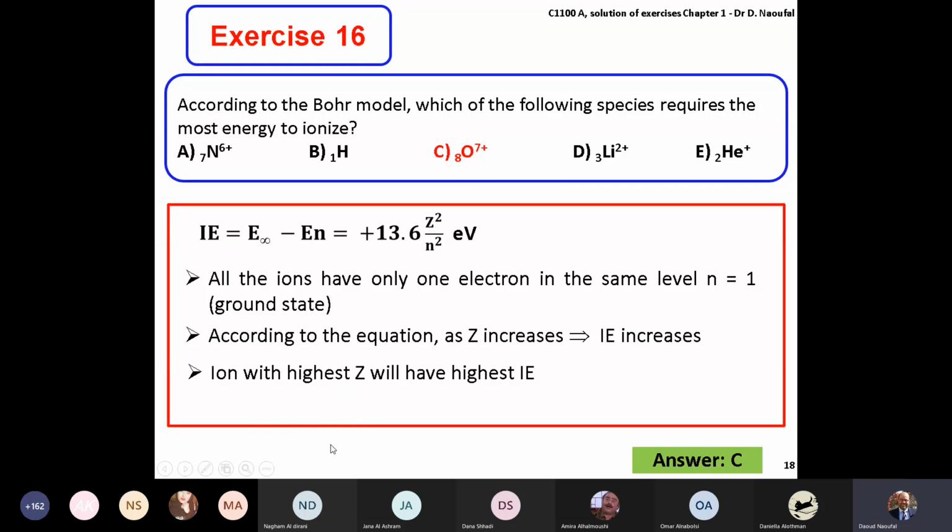So the oxygen has the highest ionization energy, and the answer is C. What is the meaning the oxygen has the highest ionization energy? That means the oxygen 7 plus absorbs the greatest amount of energy in order to remove one electron that is found at n equal 1.